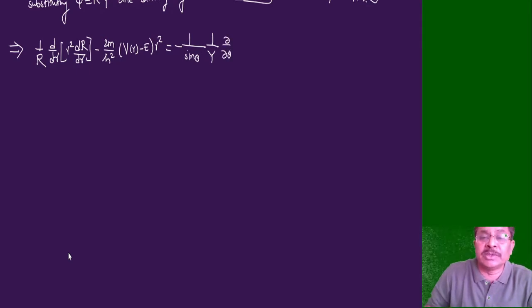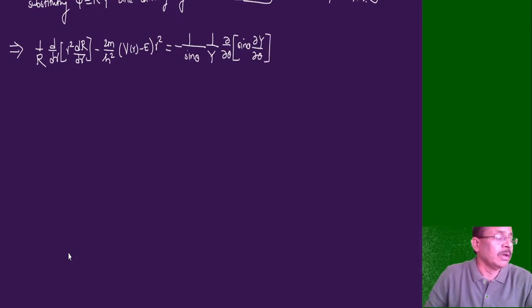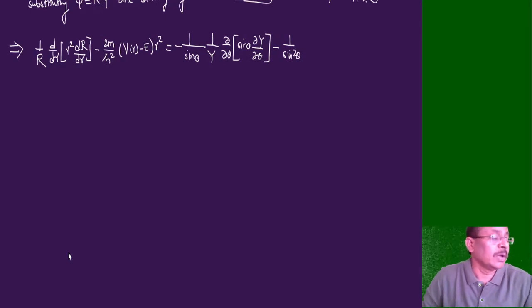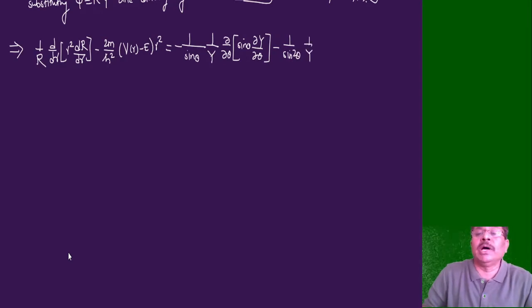This is a curly derivative because Y is a function of theta and phi, so these are partial derivatives: partial of theta into sine theta multiplied by partial Y upon partial theta, minus 1 upon sine square theta into again 1 upon Y, separating this variable, into partial square of Y upon partial phi square. And this time we are taking this to be equal to L into (L plus 1).